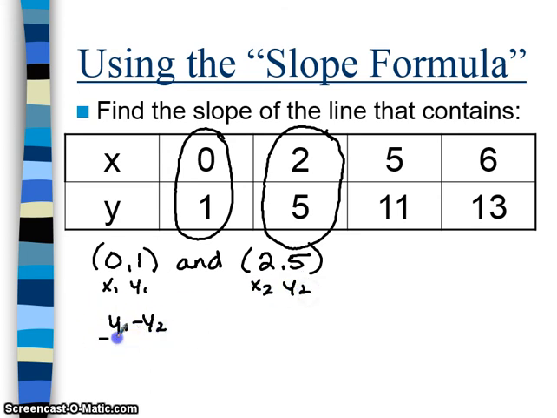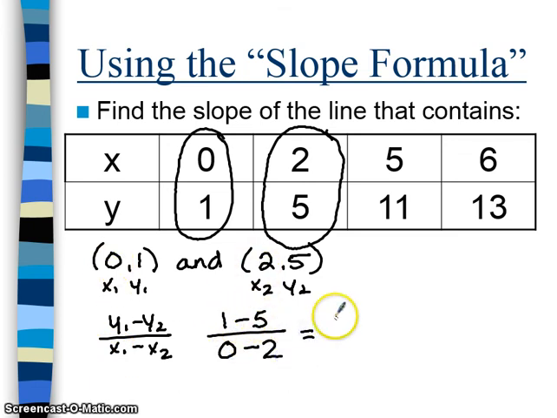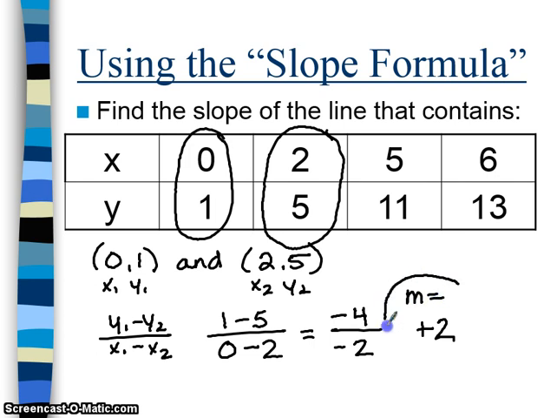Substitute them into the slope formula. y1 is 1 minus y2, which is 5, over x1, which is 0, minus x2, which is 2. 1 minus 5 is negative 4, over 0 minus 2, which is negative 2. A negative divided by a negative makes a positive, and 4 divided by 2 is 2. So the slope of this relationship is 2. Every time the input goes up 1, the output goes up 2.